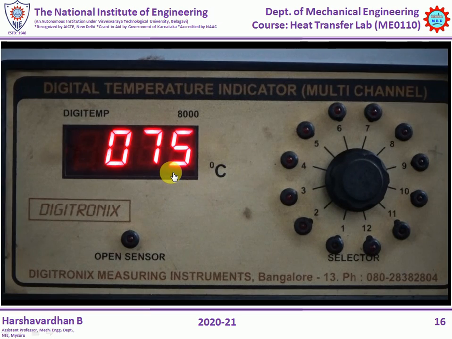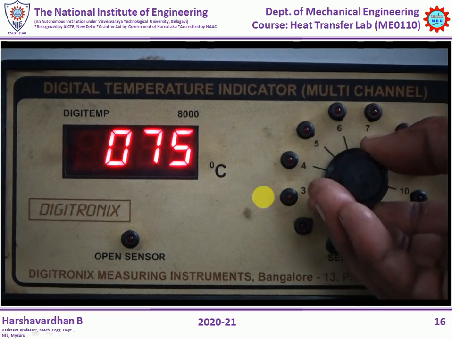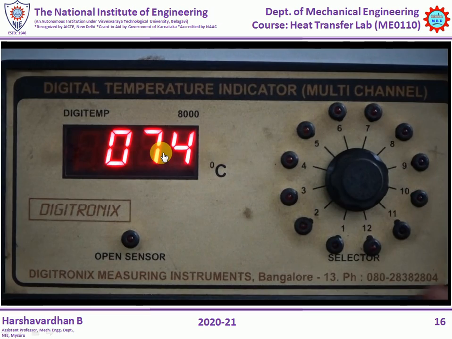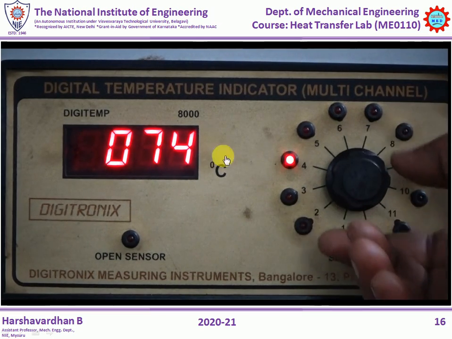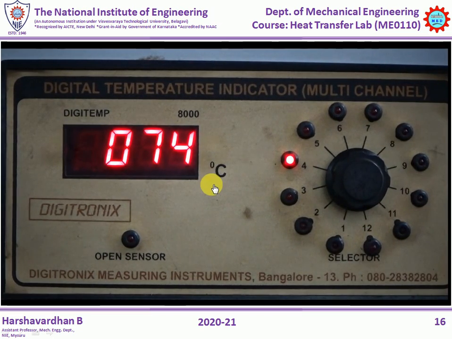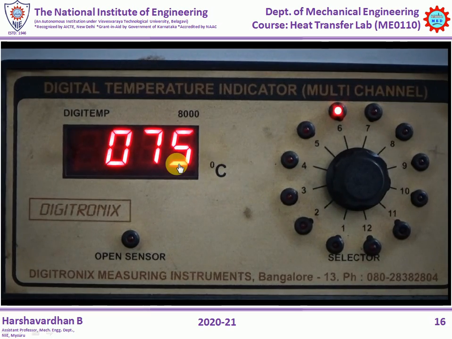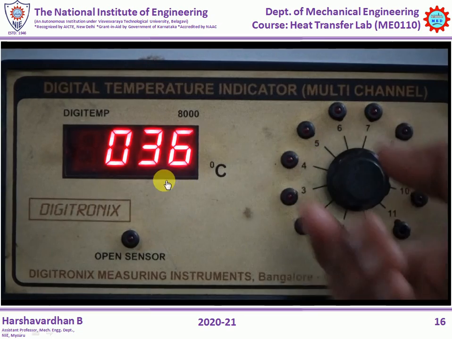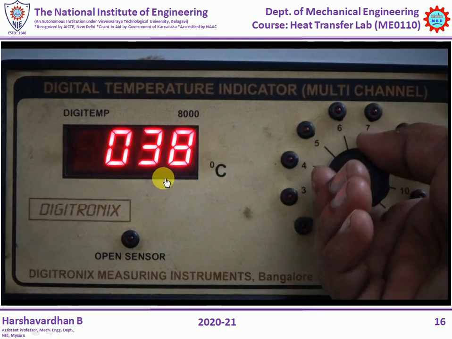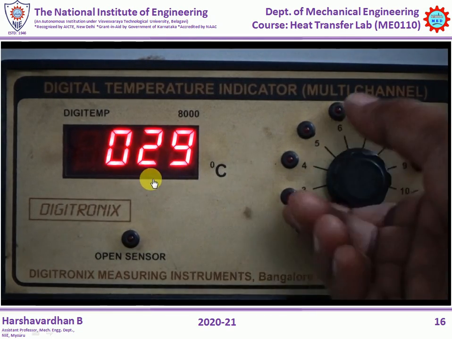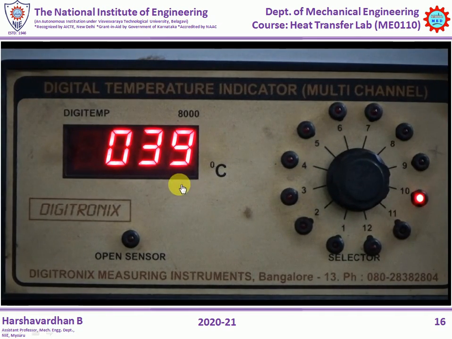So T2 is 75, T3 is 74, T4 is 74, T5 is 74, T6 is 75, T7 is 39, T8 is 39, T9 is 29, T10 is 39, T11 is 36, T12 is 39.